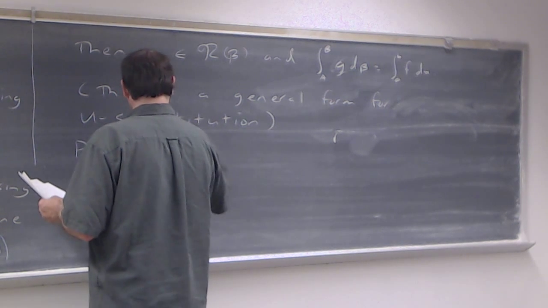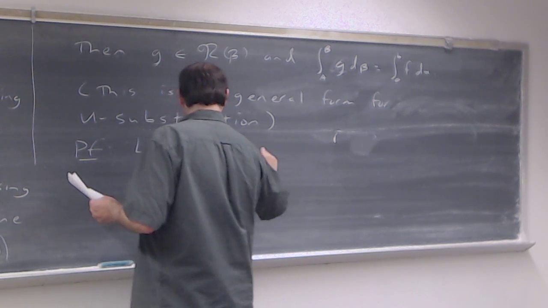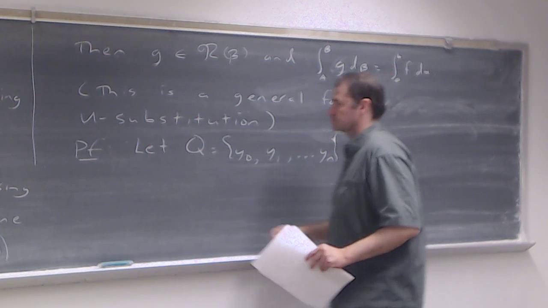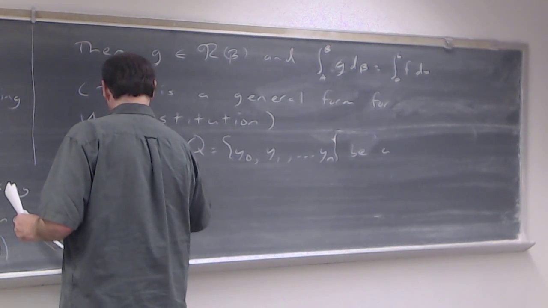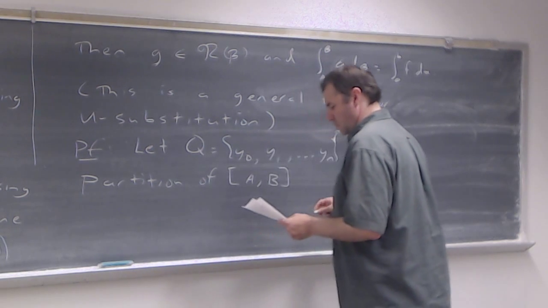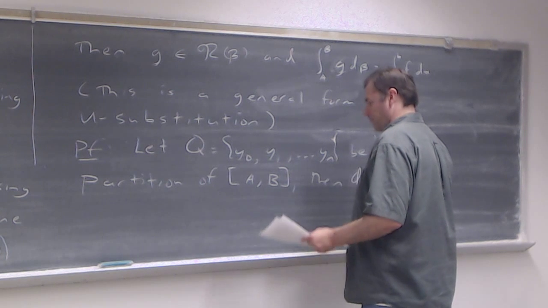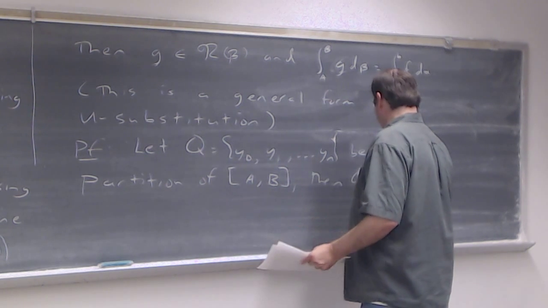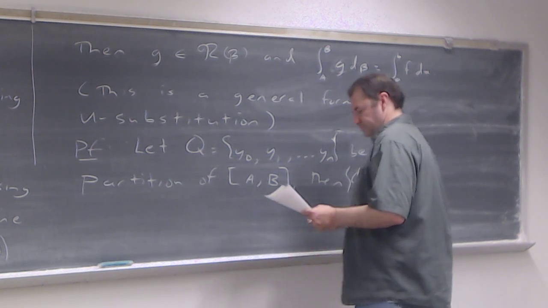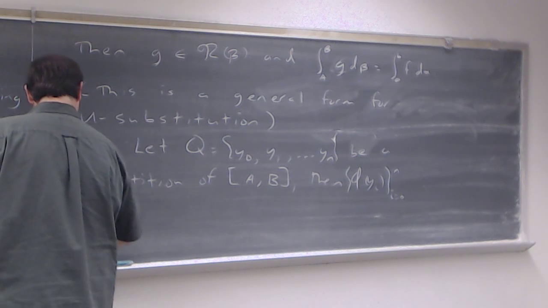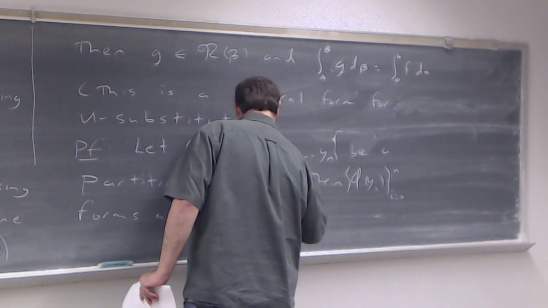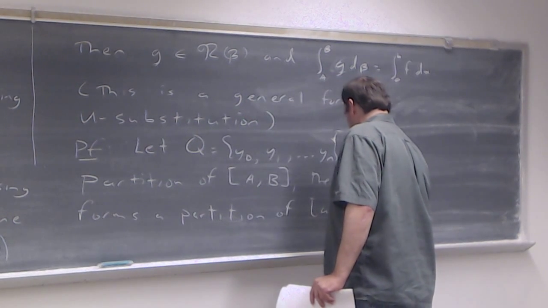So if we let Q equal y sub 0, y sub 1, up to y sub n be a partition of big A to B, then phi of y sub i, if you look at that collection, i runs from 0 to n, forms a partition of little a to little b.